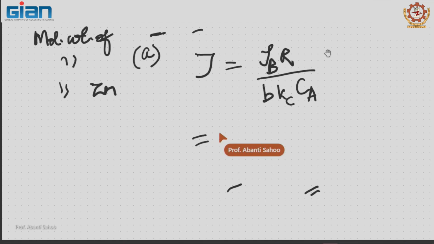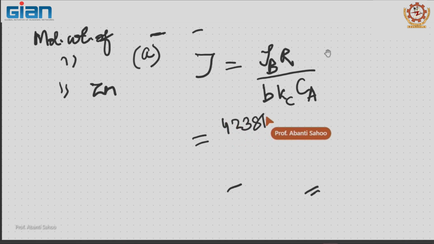So, rho B we have already calculated, it is 42,381, into the radius of the particle. Here 2 mm is the particle size, dp, so R is 1 into 10 to the power minus 3 meter.